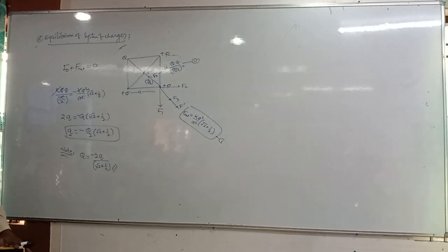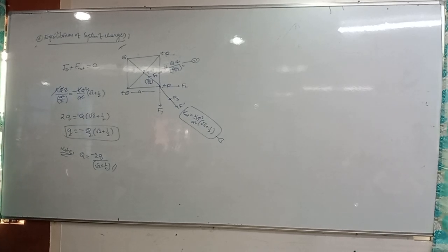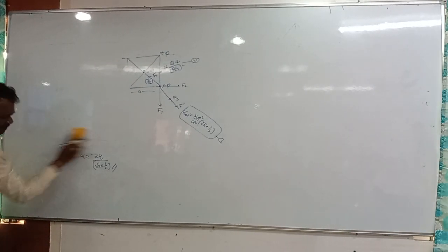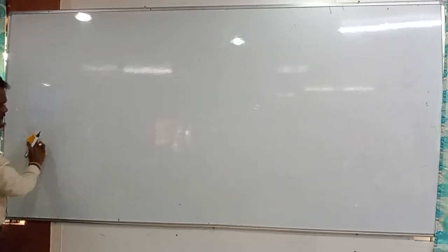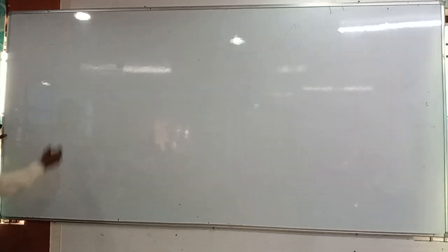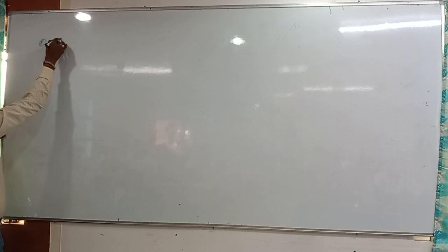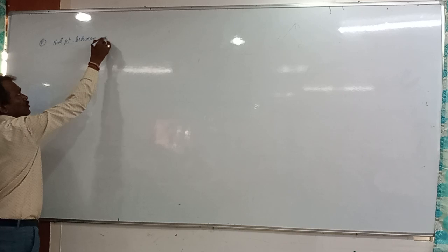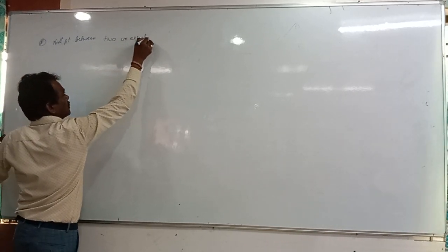And two unequal charges are taken. Suppose two unequal charges are taken, then what will be the null point? At what distance do we have to find it? So, the null point between two unequal charges.